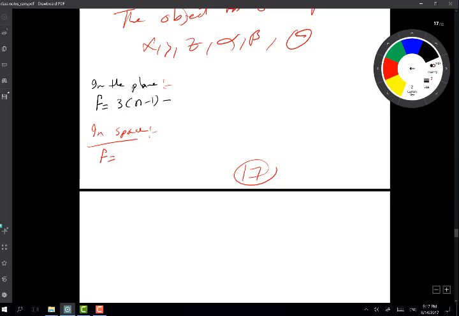In the plane, the object or the line had 3 degrees of freedom. In space it has 6. So go 6(n minus 1). And remember the reason for minus 1 is because one of the links was stationary.